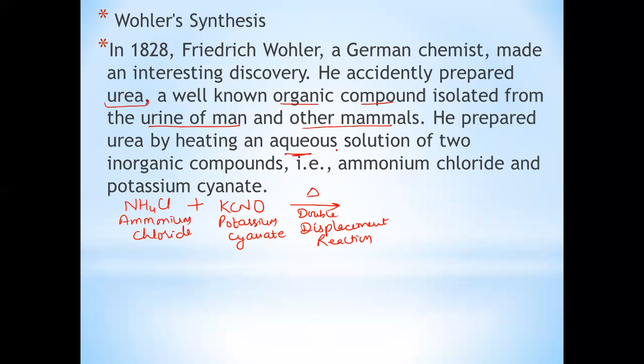When we heat the aqueous solution of the two inorganic compounds, ammonium chloride and potassium cyanate, there is a double displacement reaction, positive with negative. It forms NH4CNO, ammonium cyanate, plus potassium chloride, KCl.